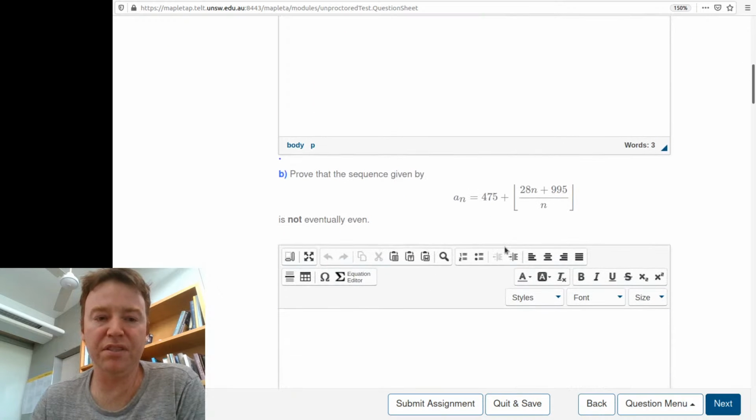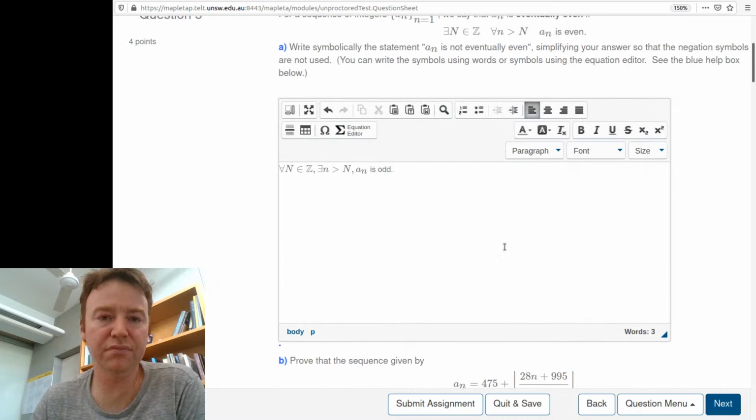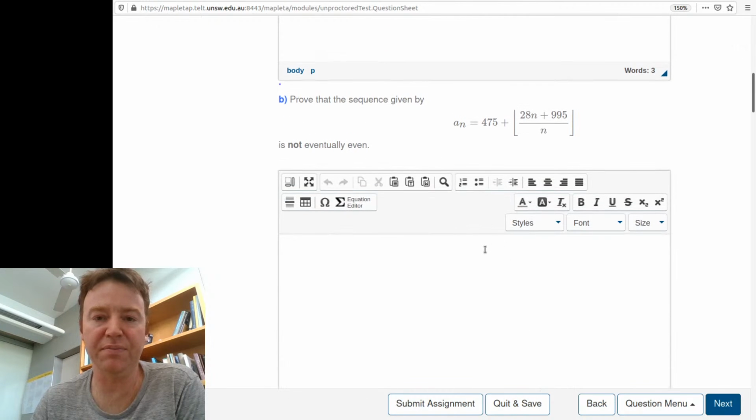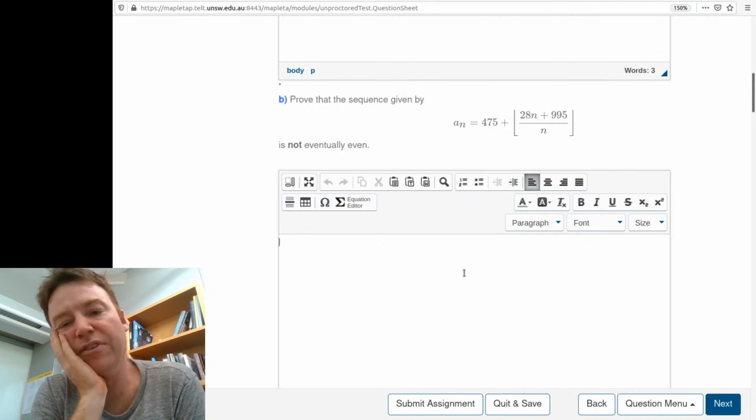Prove that this sequence is not eventually even. So eventually even meaning that eventually there'll be something that's odd. And this one is not eventually even. How do I know that?